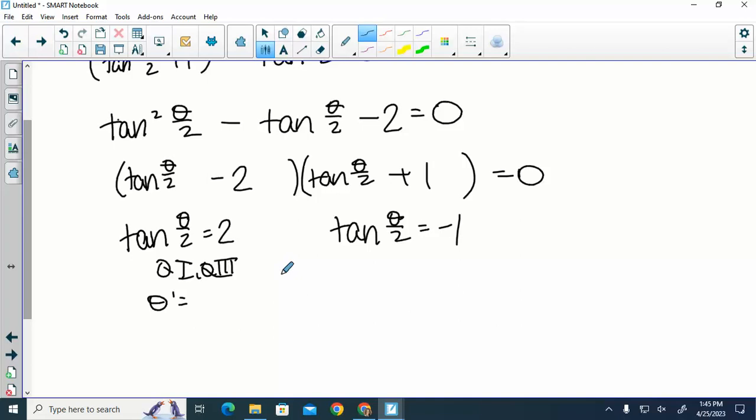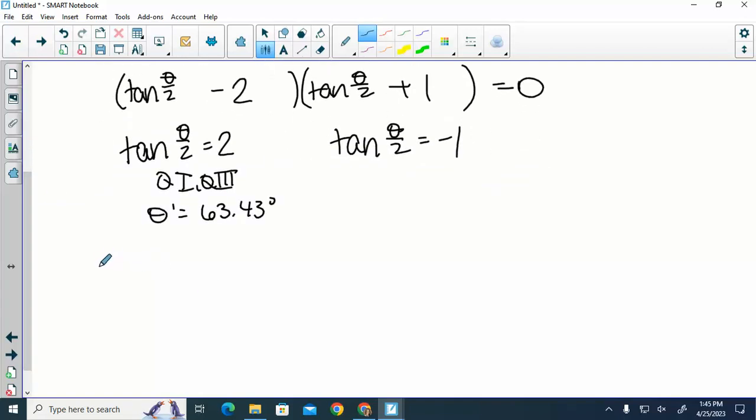Then we just do tangent inverse of 2. You get 63.43 degrees. So, my angle was theta over 2. In quadrant 1, the reference angle is your angle. How do I put that in quadrant 3?